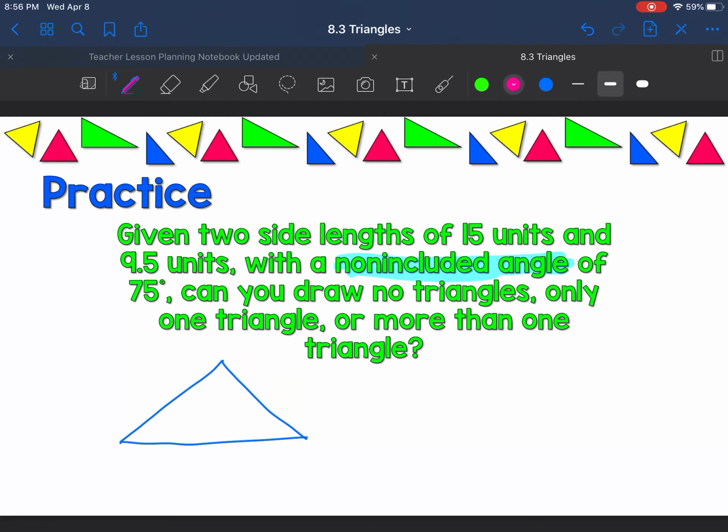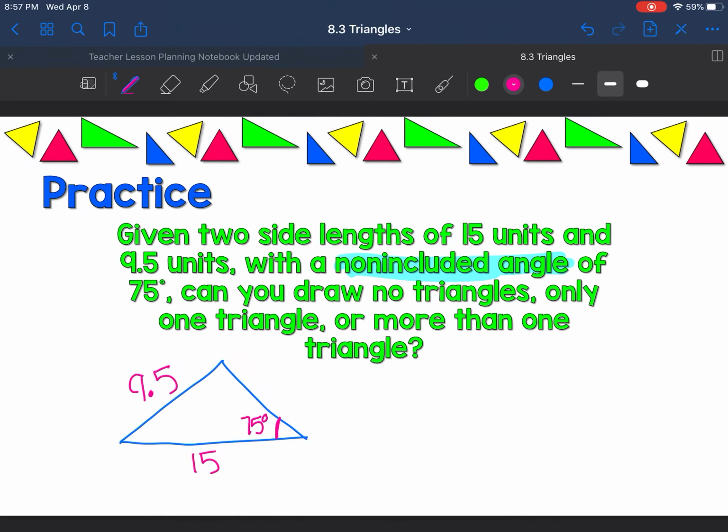The problem tells me that two sides are 15 and 9.5, and it has a non-included angle of 75. Remember, non-included means it's like you're making your sandwich and the bologna or the ham fell on the floor, so it's not inside your bread anymore. It's outside. So we'll put that one right here.